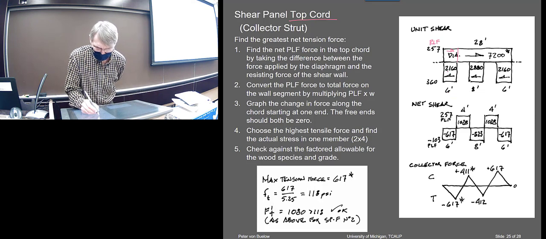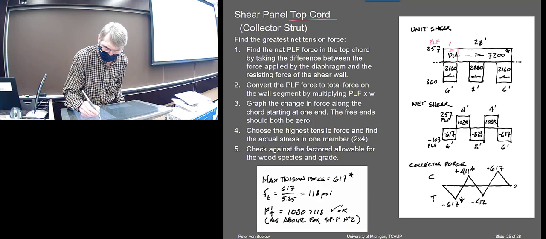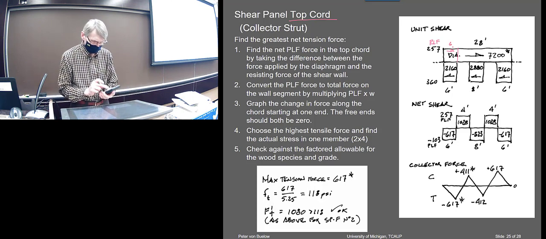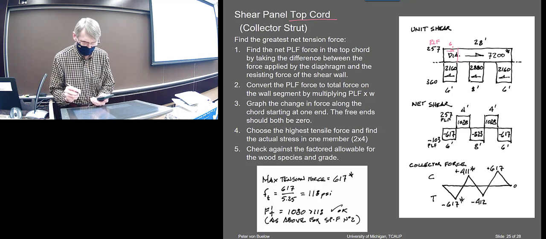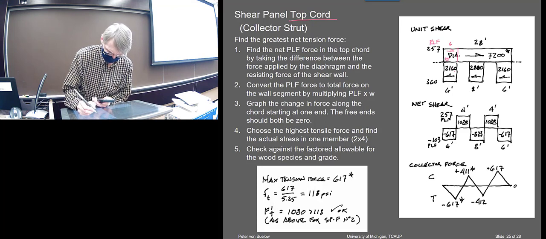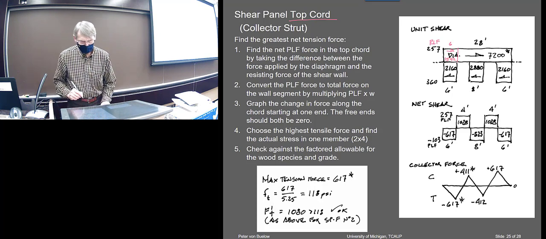So I wrote the force here, 2160. This is 6 feet. That force would be 257 times 6, right? 15. So here I've got 1542.